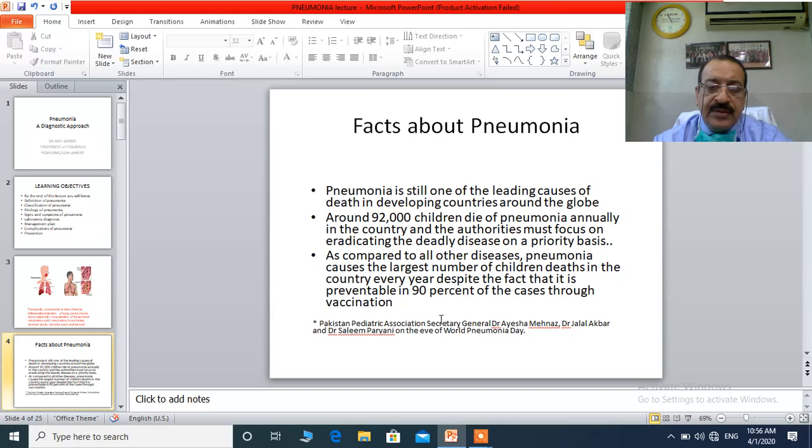As compared to all other diseases, pneumonia causes the largest number of children's deaths in the country every year, despite the fact that it is preventable in 90% of the cases through vaccination.